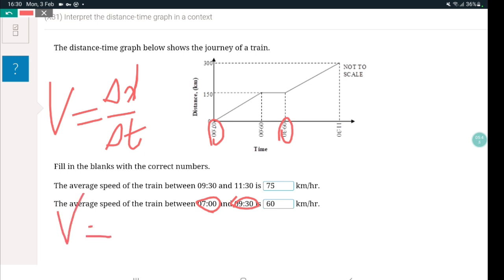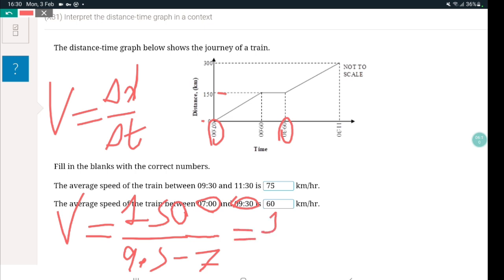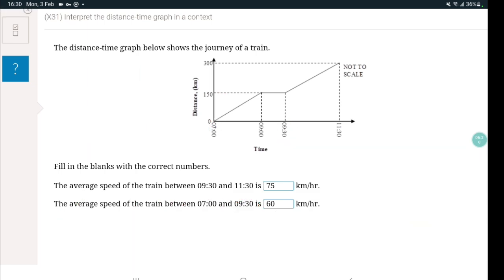So v is equal to d final, which is this 150, minus d initial, which is 0, and then t final, which is 9.5, minus t initial, which is 7. That equals 150 over 2.5, which is equal to 60. Okay, next question.